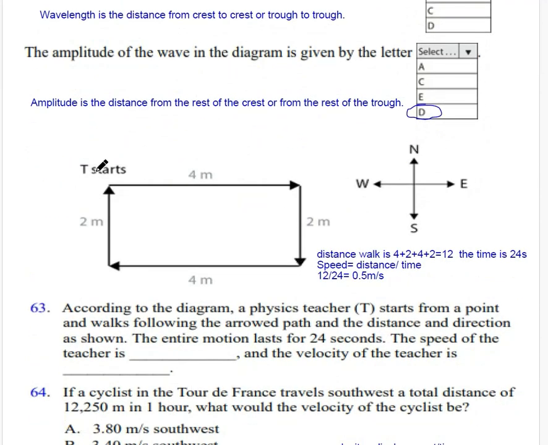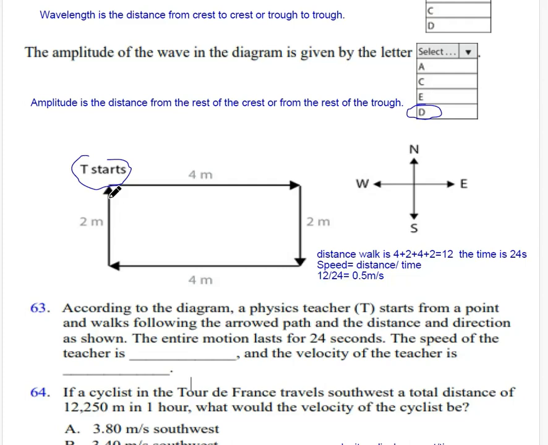Let's have here. So we have here the directions: north, south, east, and west. And according to the diagram, a physics teacher starts from a point and walks following the arrow path, and the distance and the direction are shown. So the physics teacher walks 4 meters east, then 2 meters south, then 4 meters west, and 2 meters north.